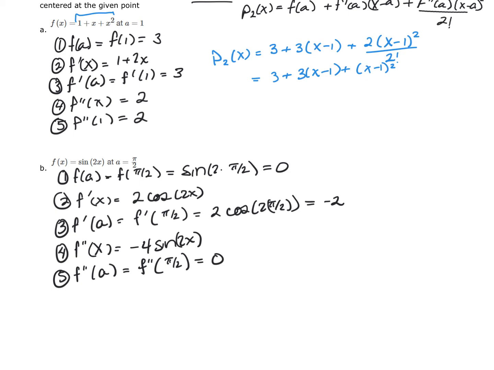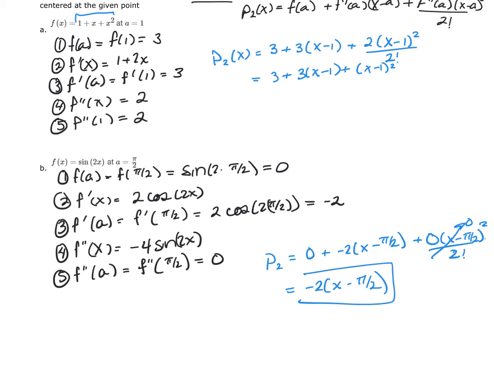So this Taylor polynomial of degree 2 is going to be equal to 0, and then plus I have negative 2 (x minus pi over 2), and then plus, this one is 0, so it's 0 multiplied by (x minus pi over 2) squared over 2 factorial, but this is 0. So my final answer is negative 2 (x minus pi over 2), and that's my answer.